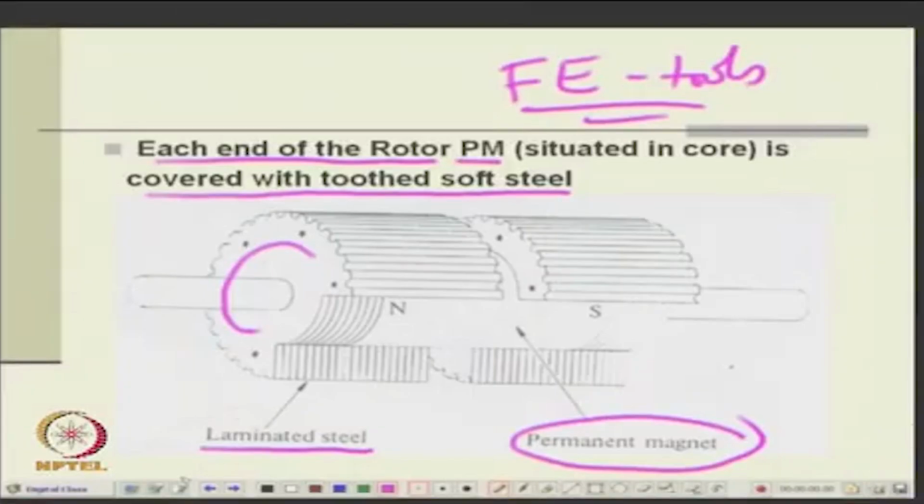Right. And this has stator and rotor windings with the magnets on the rotor side and a variable reluctance, and this is a combination where you can have PM here and VR here. So, this is what we have tried to understand.